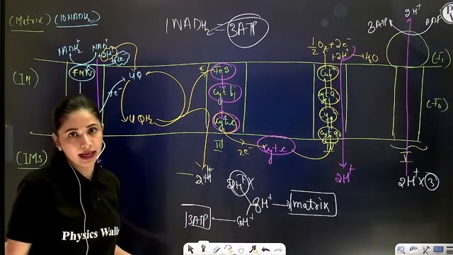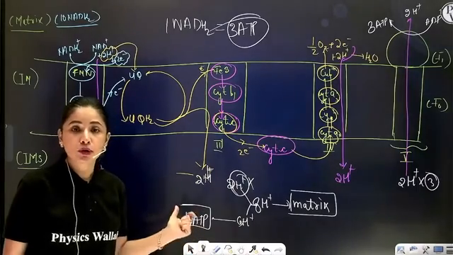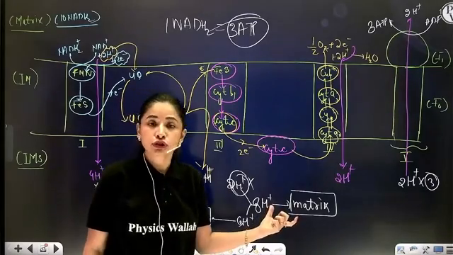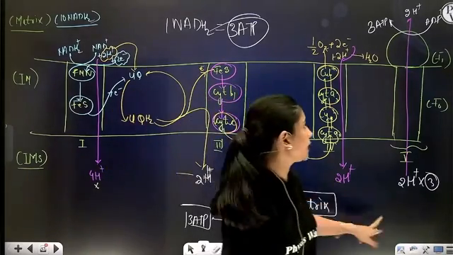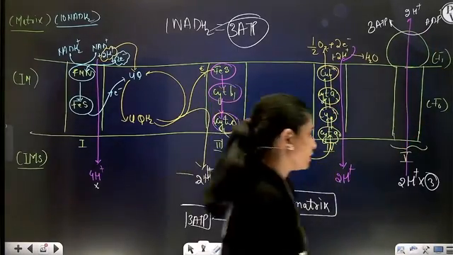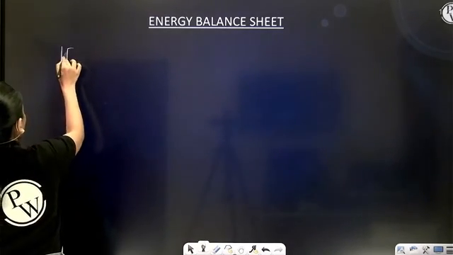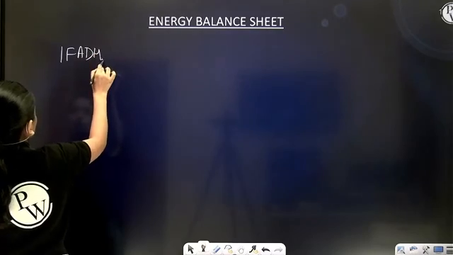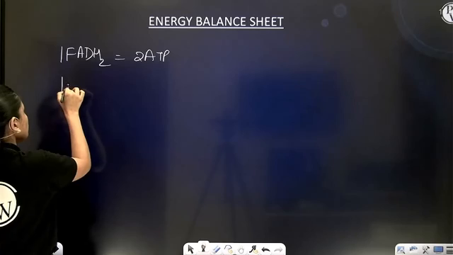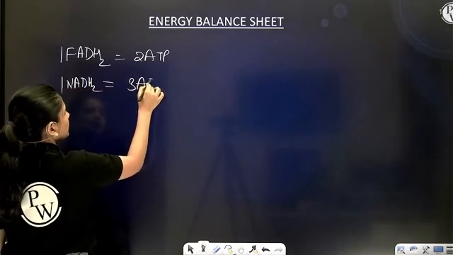That means 2 pairs, and both pairs go through the enzyme producing 2 ATP. So we can say that one molecule of FADH2 yields 2 ATP and one molecule of NADH2 yields 3 ATP.